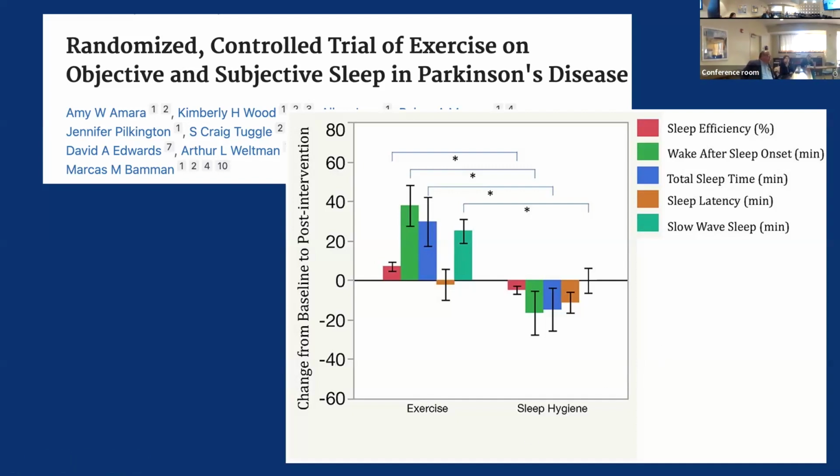Wouldn't it have been negative compared to no exercise? Don't you want wake after sleep onset to decrease? Yeah, that's true. I don't know about that one. Yeah, that one goes up. The other ones make sense. Total sleep time goes up, right? It's weird. That one also actually got worse.